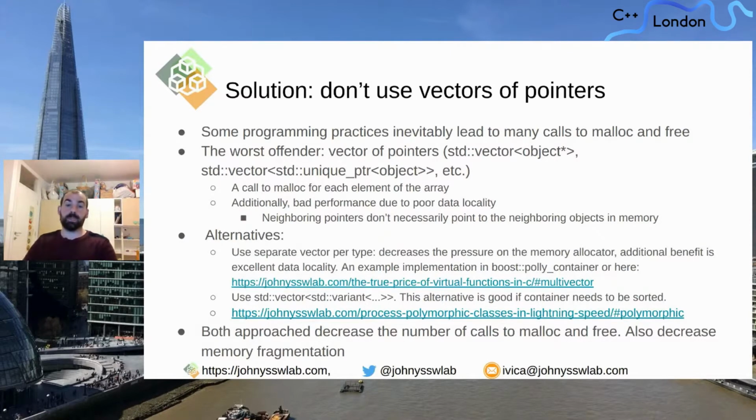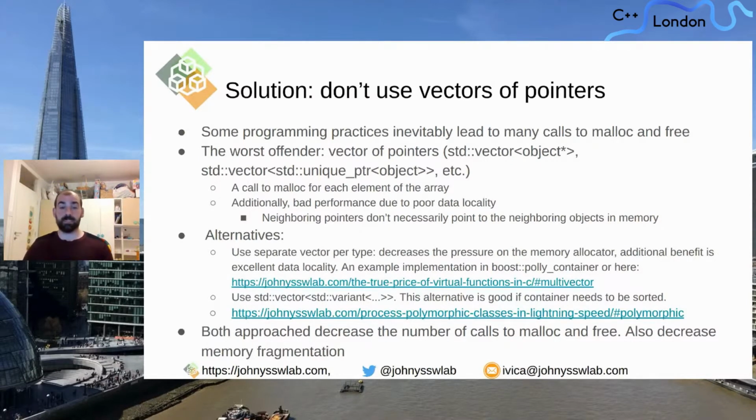So there is boost polycontainer, and there is also this multi-vector that I wrote as part of one of my articles. They will allow you to write really concise and nice code using the C++ template mechanism that's also fast, and it doesn't use any runtime polymorphism. All polymorphism is done at compile time.